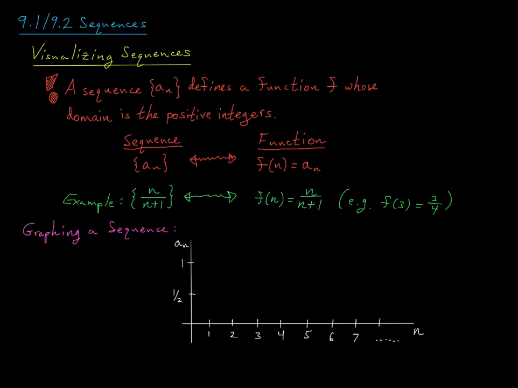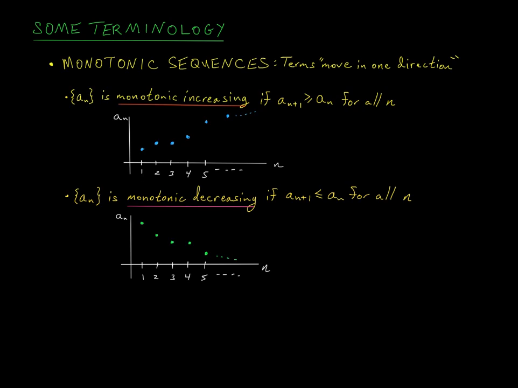All right, so now let's go ahead and define a few things. The first definition we're going to look at is that of a monotonic sequence. Essentially, a monotonic sequence is a sequence whose terms move in one direction, so to speak. We'd say that a sequence a sub n is monotonic increasing if a sub n plus 1 is greater than or equal to a sub n for all n.